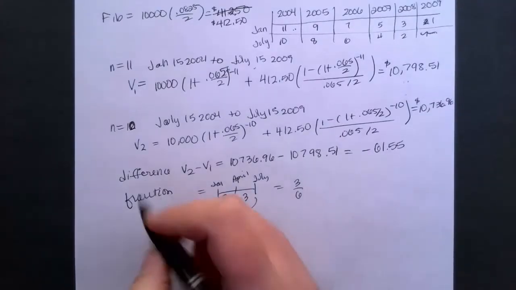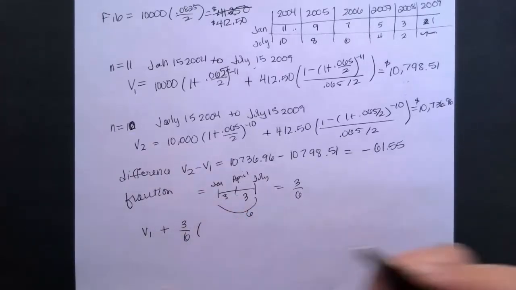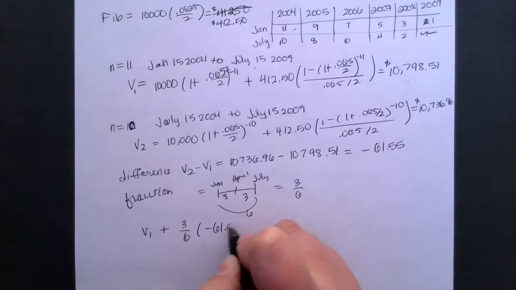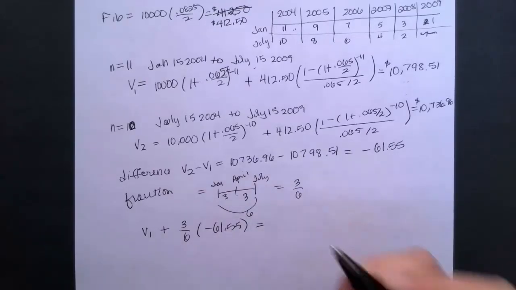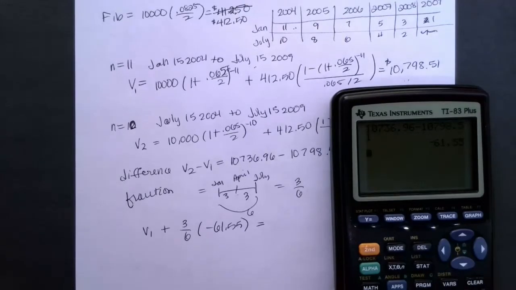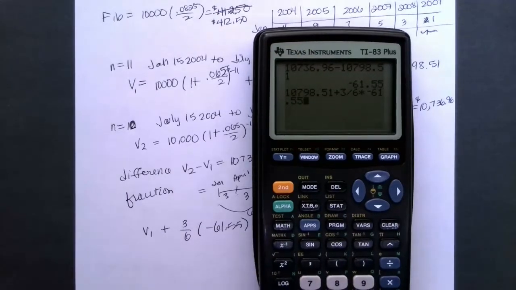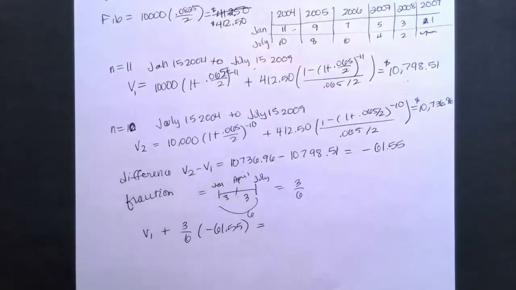So then we're going to take V1 plus the 3/6 times that difference, -61.55. So our V1 was 10,798.51 plus 3/6 times -61.55. So that's how it would look on your calculator.